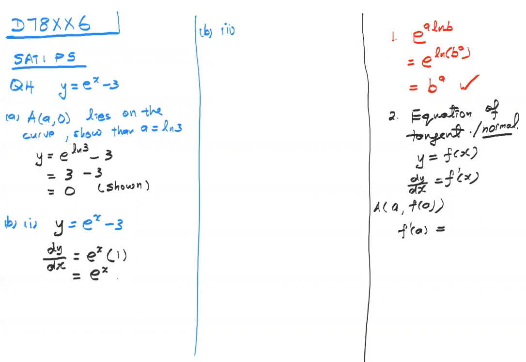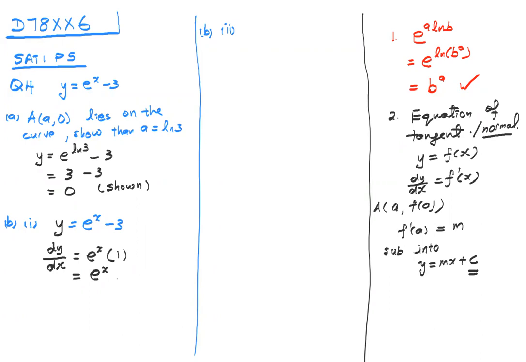That is the gradient of the tangent. Yeah. So then you substitute into y equal to mx plus c to find the c. So you are done with equation of tangent.